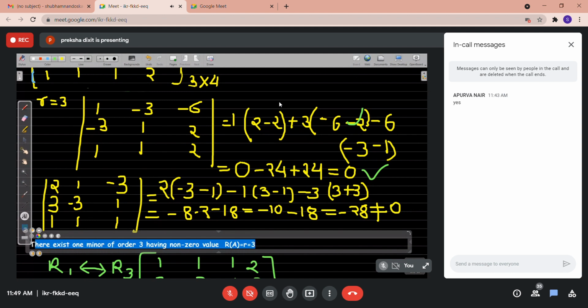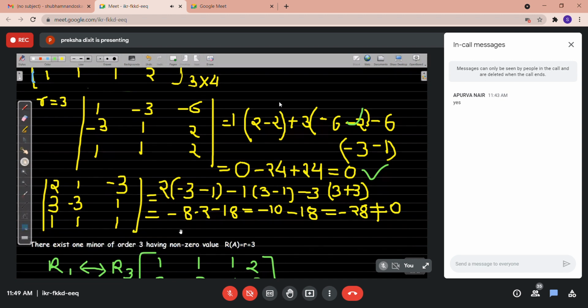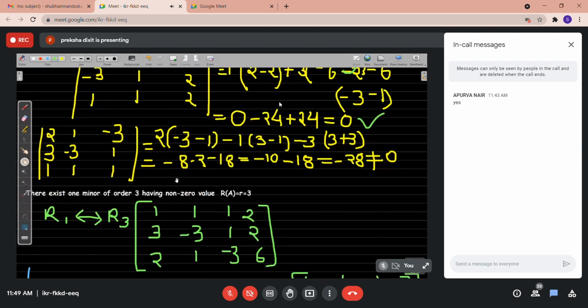Now once the calculation of rank of a matrix is done, we will proceed with the conversion of the given matrix into its echelon form. So now its rank is 3. So how is its echelon form going to look like? I have demonstrated it just a few minutes back, isn't it?